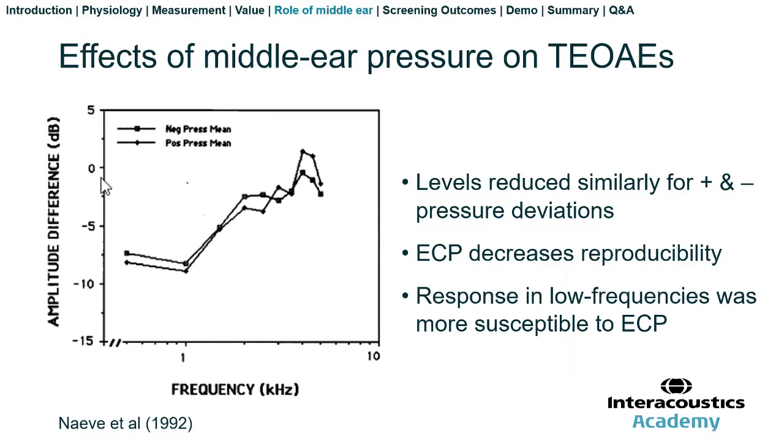These authors discuss an effect of a high-pass filter with the response as a result of negative and positive ear canal pressure. And specifically, they talk about a 4 dB per octave drop as you go into the lower frequency range. As you approach 2,000 and 3,000 hertz, you don't get a big change as a result of changes in ear canal pressure. But the low frequencies, again, are the frequencies that are primarily affected.